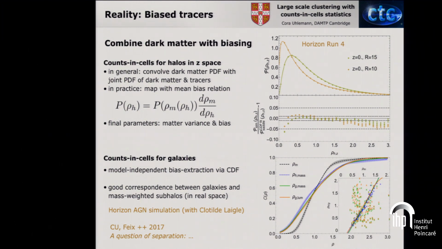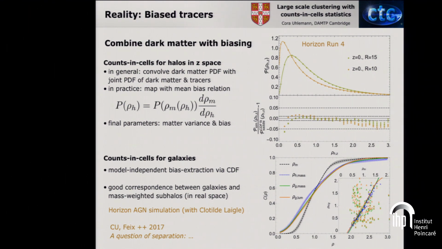So what you see here is not a PDF, but a cumulative PDF, simply because the box is not very large, Horizon AGN, just because it's very expensive to actually model those galaxies. So the punchline is here. Since we do an abundance matching, the question is basically, how similar is the cumulative PDF of the mass-weighted halos to the luminosity-weighted galaxies?